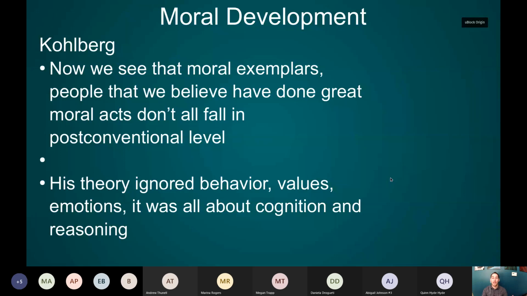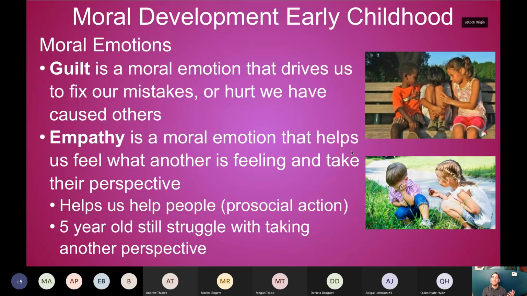So our understanding of moral development includes a lot of other pieces. Moral emotions are one of the biggest pieces we've talked about before, so we won't go into depth here. Guilt, empathy, a lot of different moral emotions exist. Just look up a research article. There's a really good one that I think would be understandable for everybody if you're interested in moral emotions.